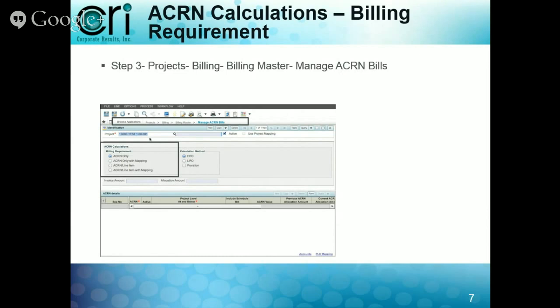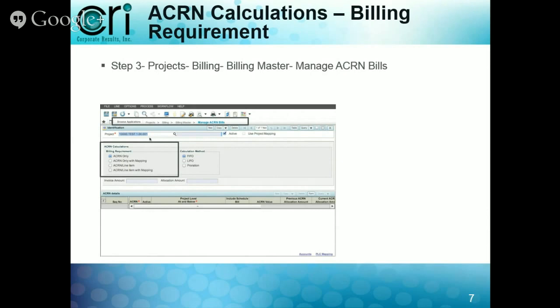Note that it's very important to understand that this ACRN looks at the history of the project and every account or PLC the project has ever used, depending on if you're using account or PLC. So this formula, if selected, will actually go back and look historically. And so the caution point there is if you have not used or mapped all the accounts in the subtask for something that was in the PAG, you want to make sure you get that by using that.